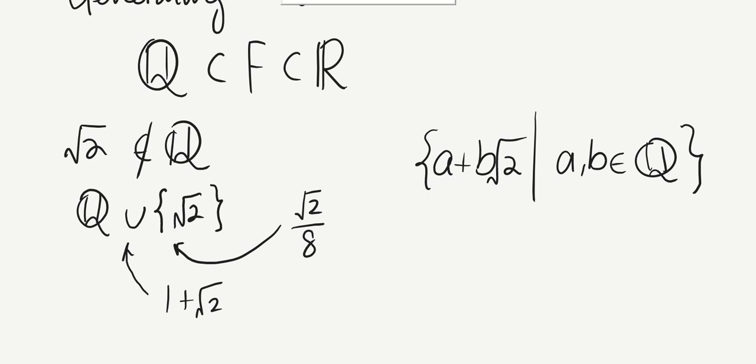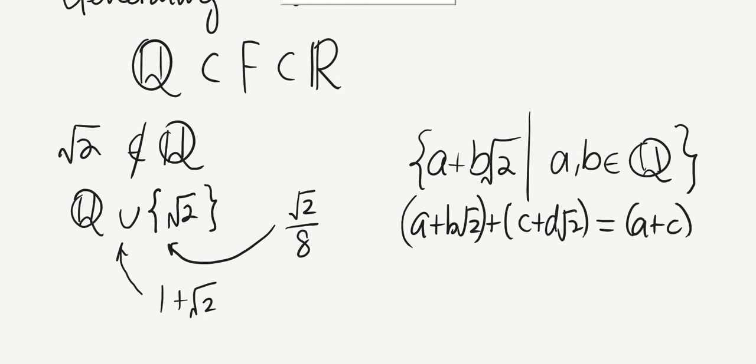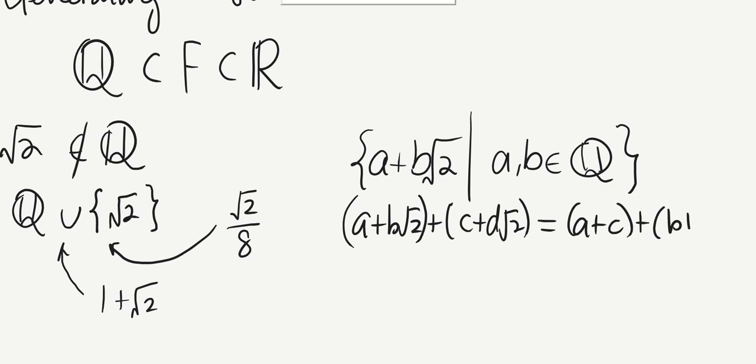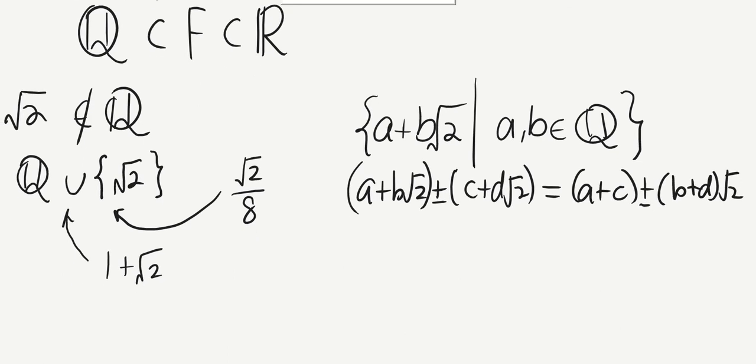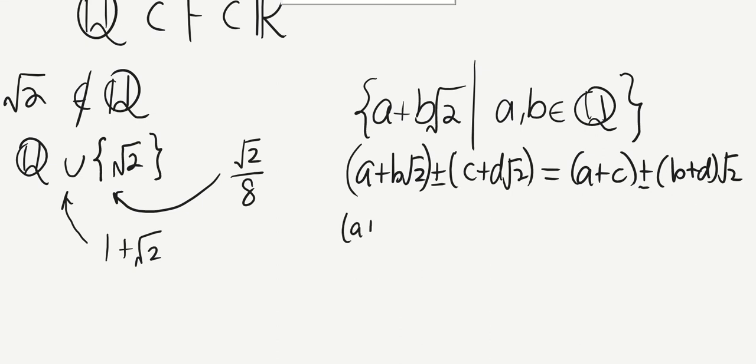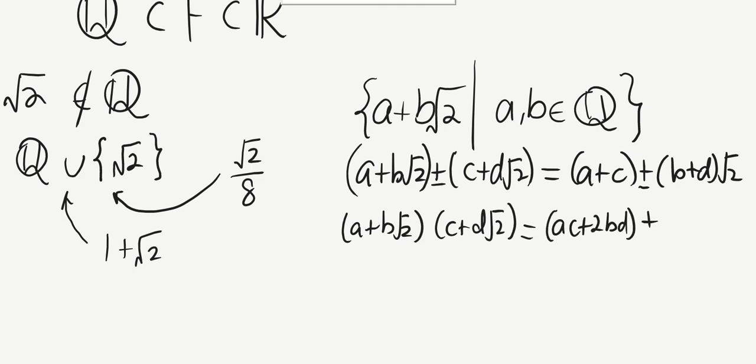And this is a field. Let's verify. If we have two such numbers, and we add them up, we can have another number in the same form. And similar logic goes to subtraction. For multiplication, it's a bit complicated, but it's still doable. If you expand this, you'll get something like AC plus 2BD plus (AD plus BC) square root 2.